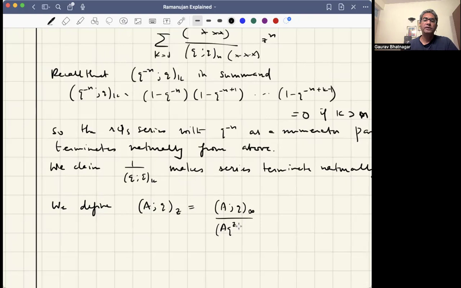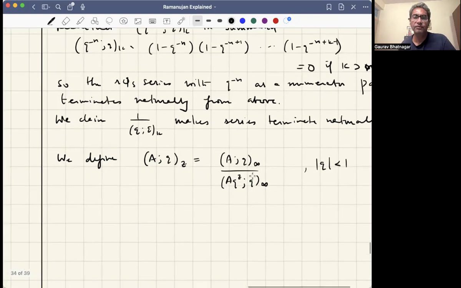(a; q)_z infinity. This is for absolute value of q less than 1. So these are infinite products which are defined, and we can define (a; q)_z now. And notice that when z is equal to n, then this reduces to the previous case, right?